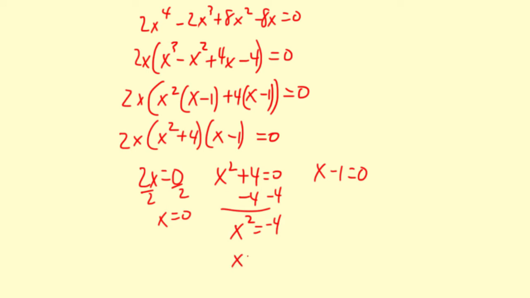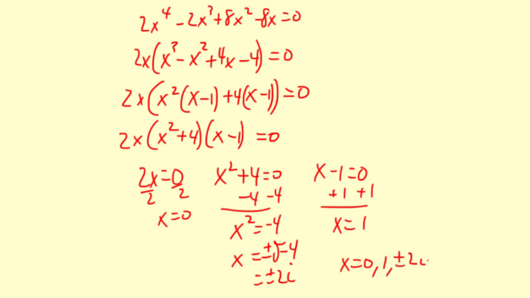Take the square root: x equals plus or minus the square root of negative 4, and that is equal to plus or minus 2i. And then this one, plus 1 on both sides, x equals 1. So we get x equals 0, 1, plus or minus 2i. So that's the big picture for this lesson.